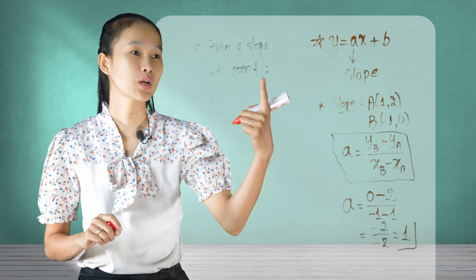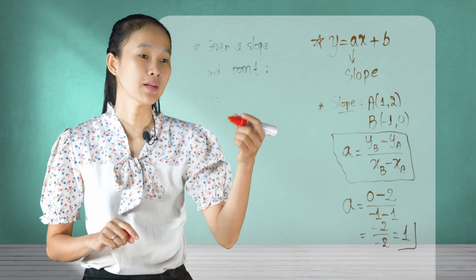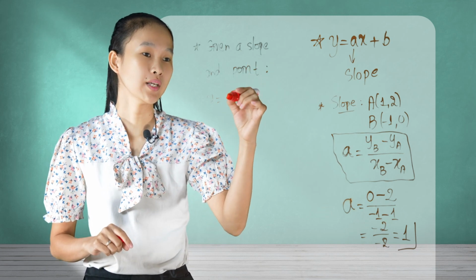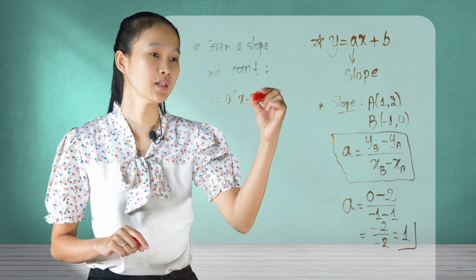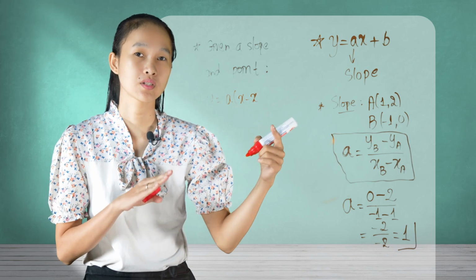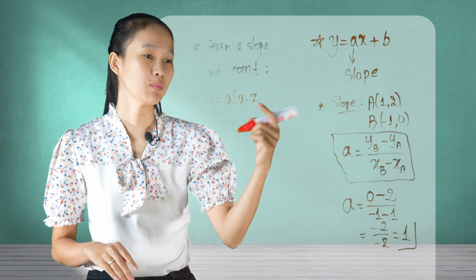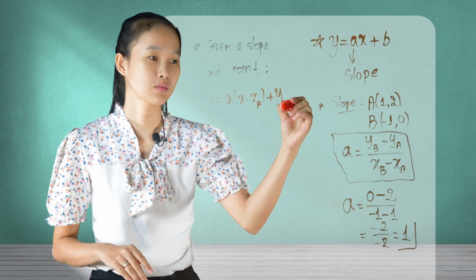So if a slope and a point are given, the linear equation will be y equals a multiplied by x take away xA, plus yA. Let's say the point is A, so it will be xA and yA.